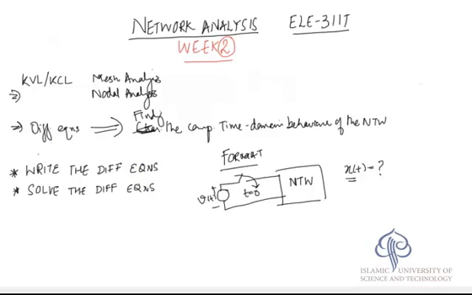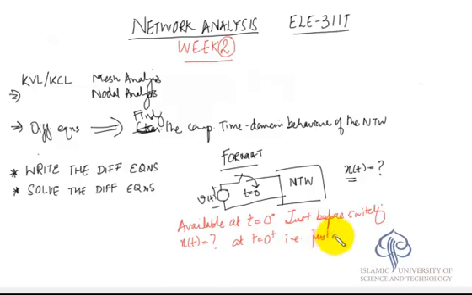So normally the initial conditions that we encounter in this case are available at t is equal to 0 minus, that is to say at the instant just before switching, and to find the response x(t) we need the initial conditions at t is equal to 0 plus, that is to say just after switching, because we have already seen that to solve differential equations we need the initial conditions at t is equal to 0 plus.